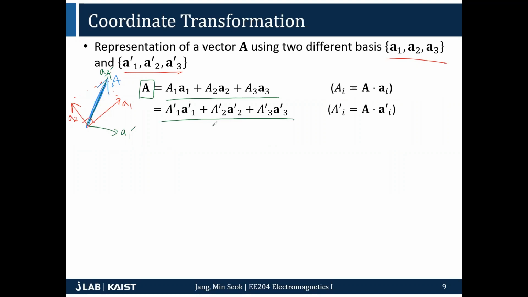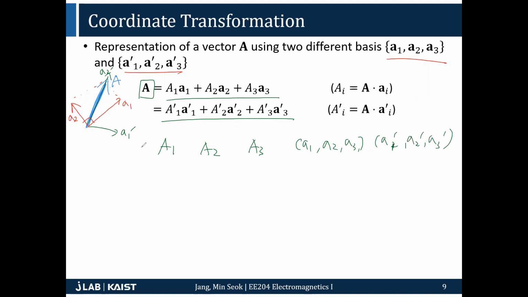There are two ways, and we want to know the transformation between those. So let's assume that we know A1, A2, A3, and of course we know the basis vectors.